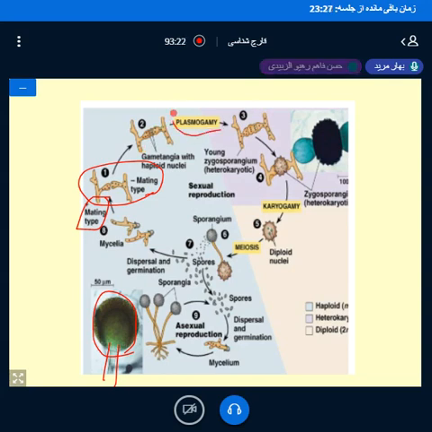After plasmogamy, the young zygosporangium is formed, and then the zygospore forms.